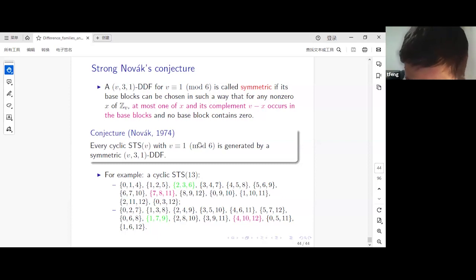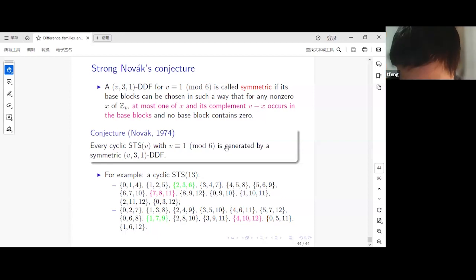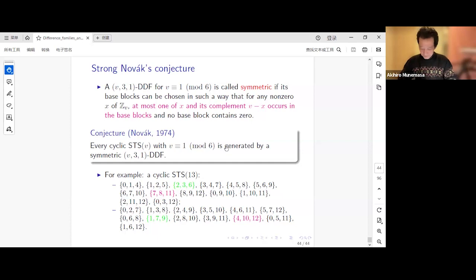The number of base blocks is (v minus 1) over k times (k minus 1). So it cannot exceed v over k. I see. So this is way smaller than v over k, so you can expect that.